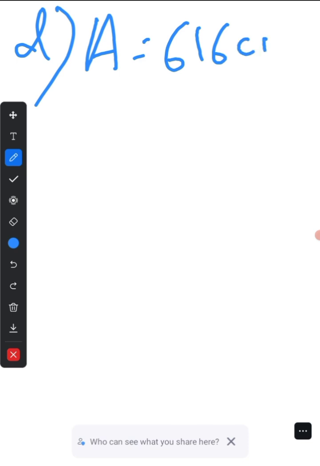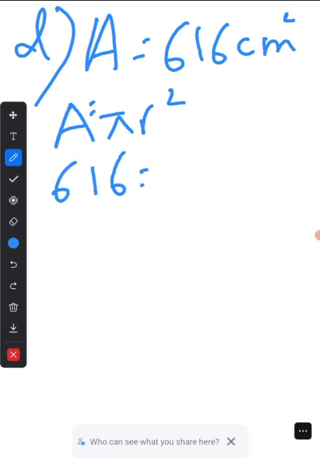For our part D, we are having the area here. That is 616 centimeters square. Fine. Now area is the inside part that is being covered. So if I want to find the radius, I will be using the formula of area is equals to pi r square. Put the value of area.